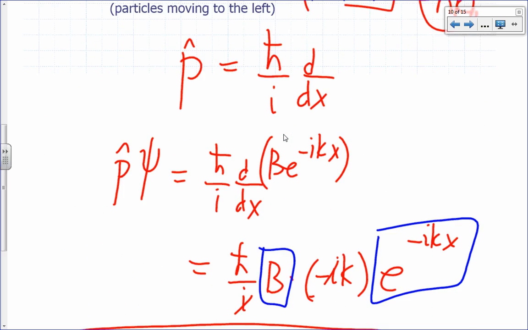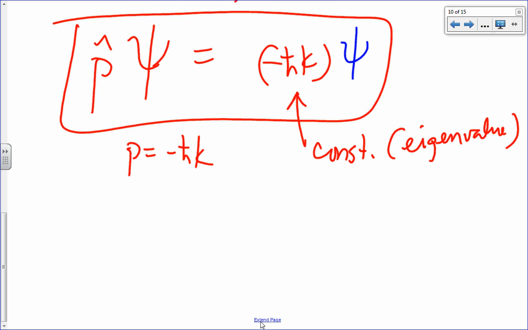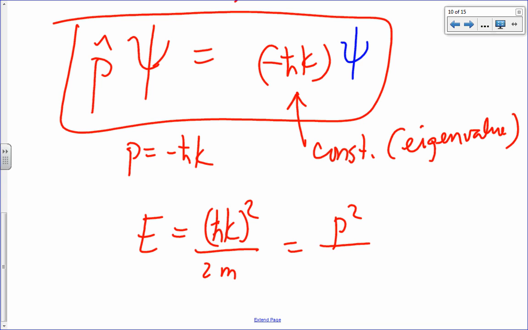Now let's try to relate this to energy. Remember what we said energy was? It's just h bar k squared over 2m. And that's just equal to p squared over 2m in this case, right? Negative h bar k squared is the same thing as h bar k squared, right? So your energy is also well defined.